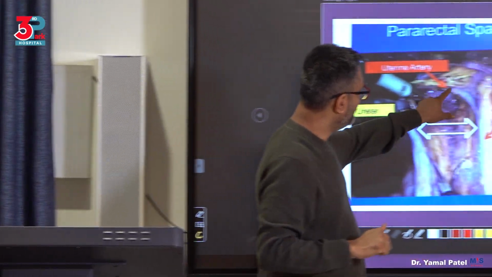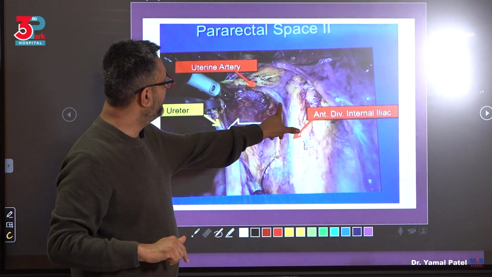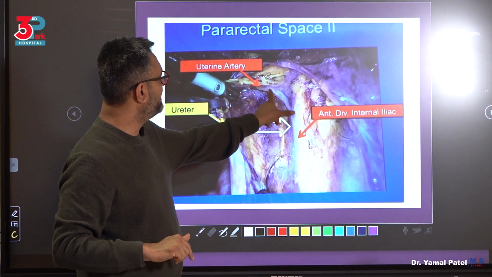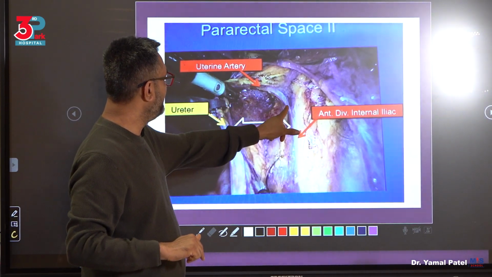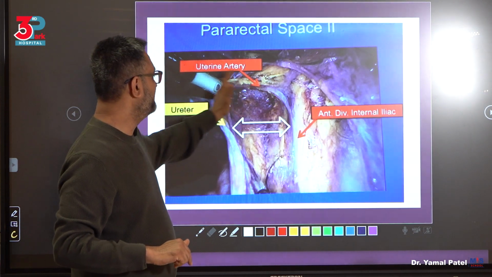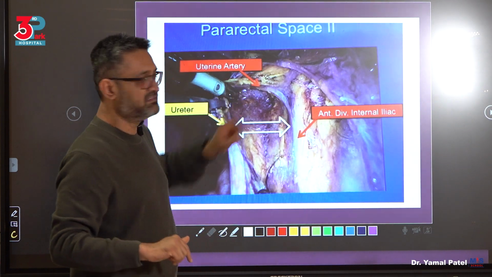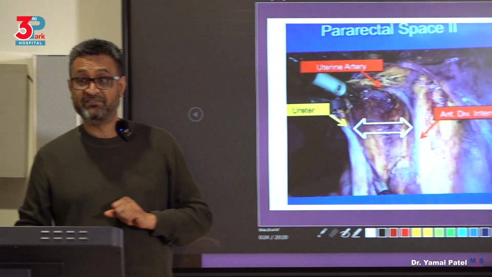So we are talking about the spaces. This space here now is called the pararectal, and we have the internal iliac where the uterine artery branches off, and it's the only structure that crosses this space called pararectal. And when it crosses this, in front of this is called the paravesical space.